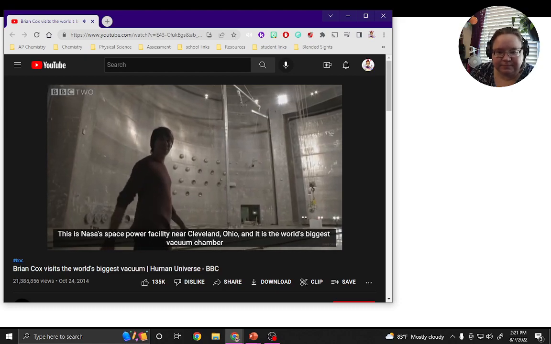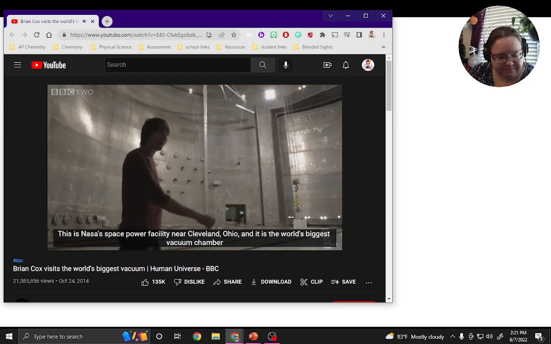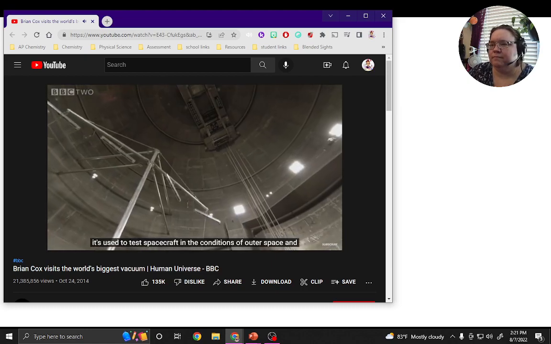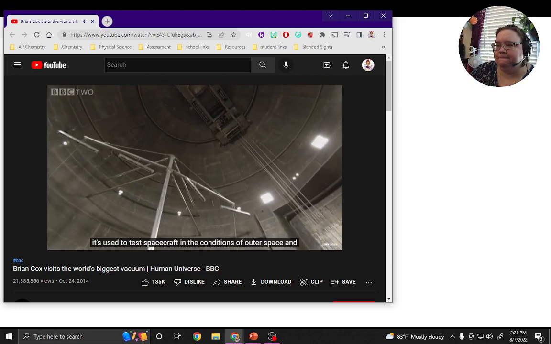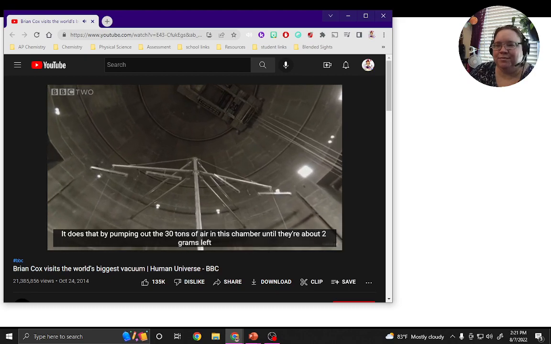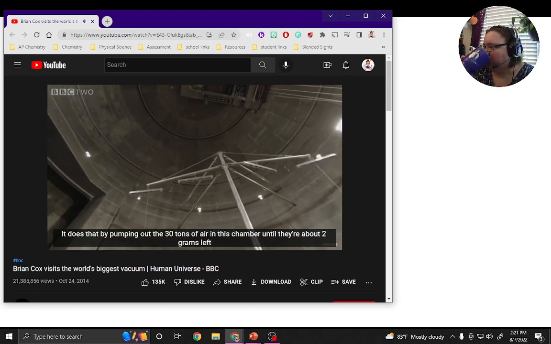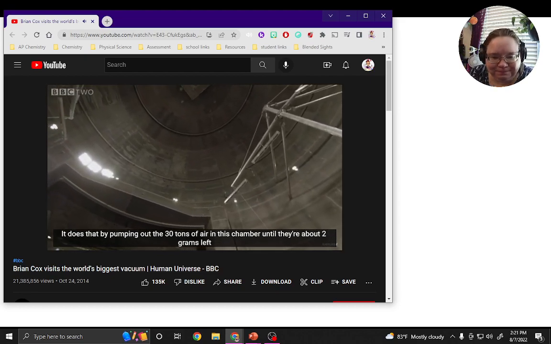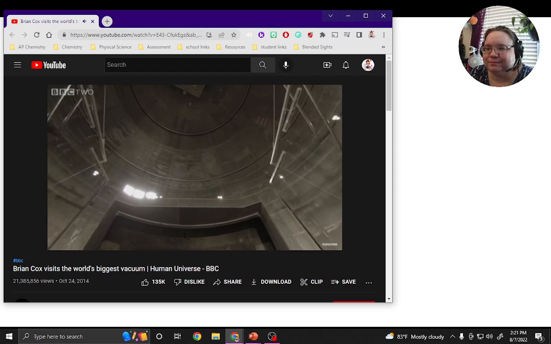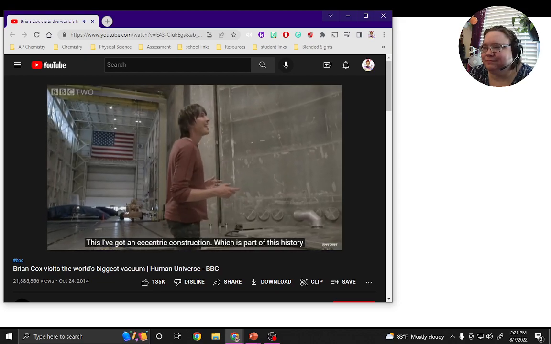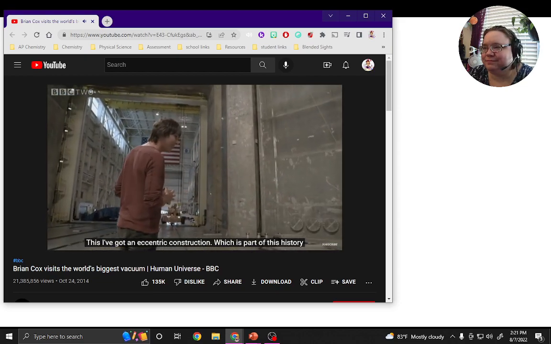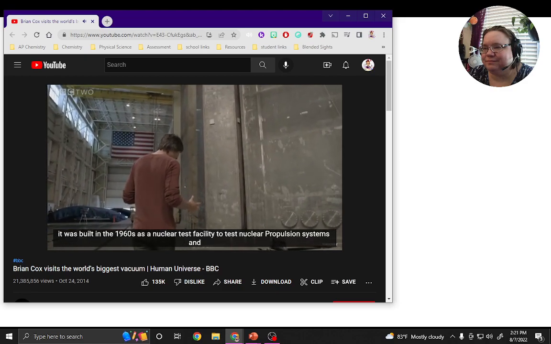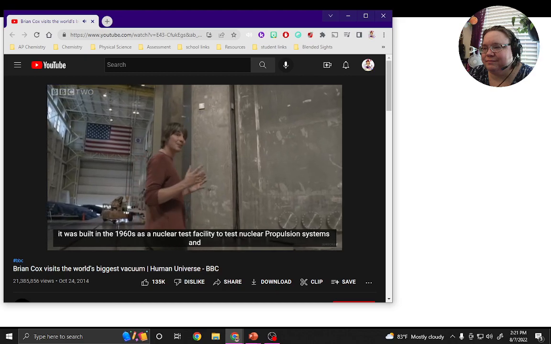This is NASA's Space Power Facility near Cleveland, Ohio, and it is the world's biggest vacuum chamber. It's used to test spacecraft in the conditions of outer space, and it does that by pumping out the 30 tons of air in this chamber until there are about 2 grams left. And it's kind of got an eccentric construction, which is part of its history. It was built in the 1960s as a nuclear test facility to test nuclear propulsion systems.